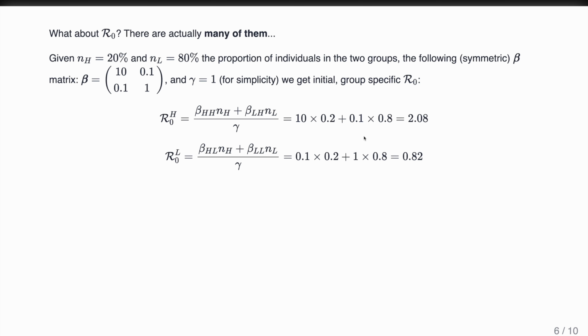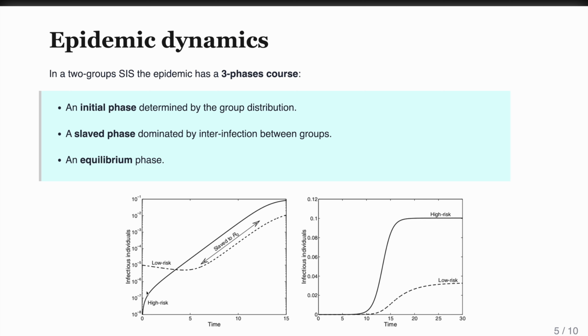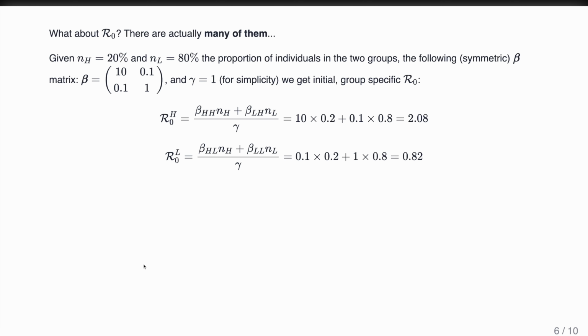We can observe that, as we saw in the picture before, there is a quite large R naught in the high-risk group, 2.08, which is above 1, so it predicts an increase in cases. But there is a lower than 1 R naught in the low-risk group, 0.82, which again predicts a decrease in cases, as observed in the initial part of this graph.